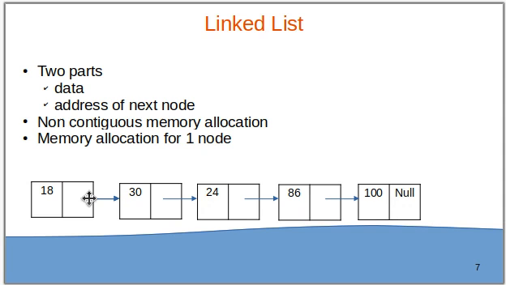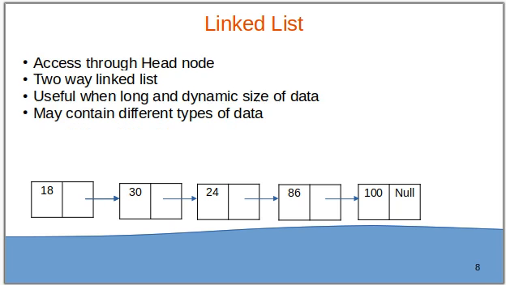As linked lists do not maintain contiguous memory allocation, it is non-contiguous memory allocation, and so it is needed to store the address of the next node. Linked lists do not allow random access to any cell, so we have to go through the head node.